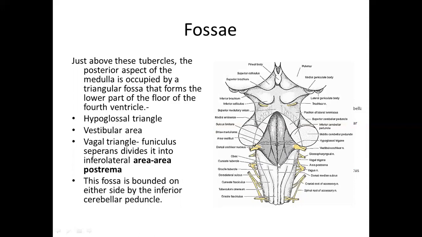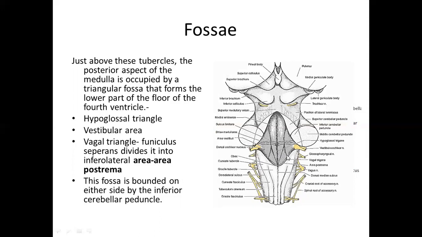Now, one more thing, this median fissure over here will be forming the foramen cecum, right? And there is a sulcus known as sulcus limitans, which is separating the vestibular area from the hypoglossal triangle.